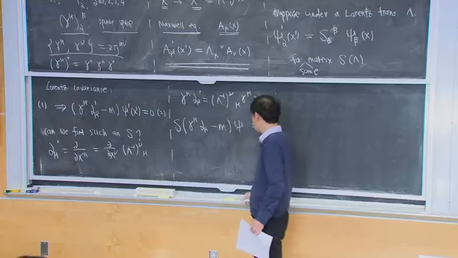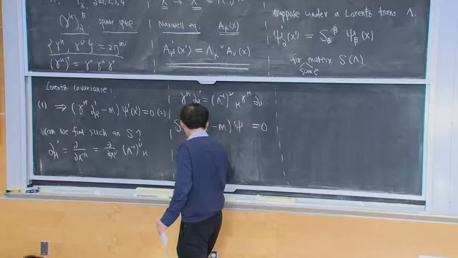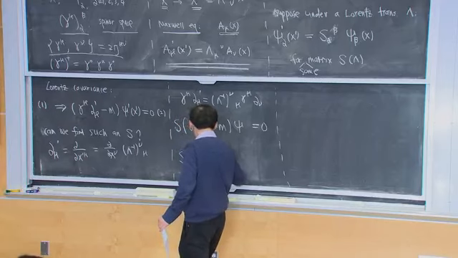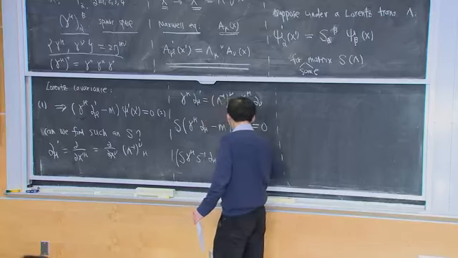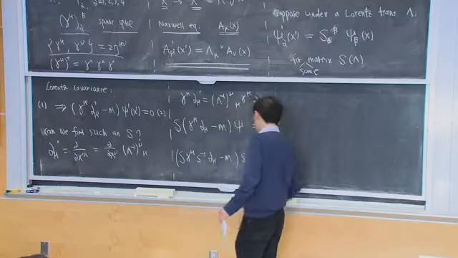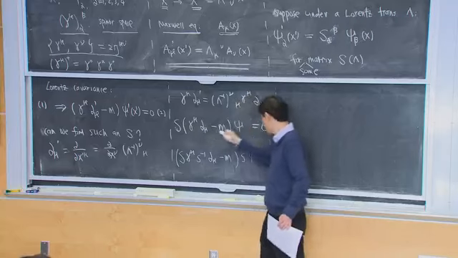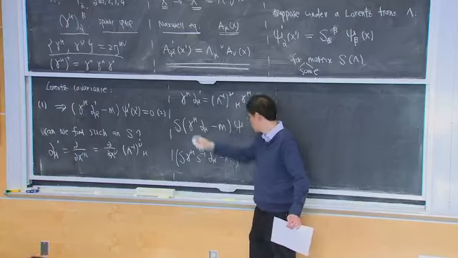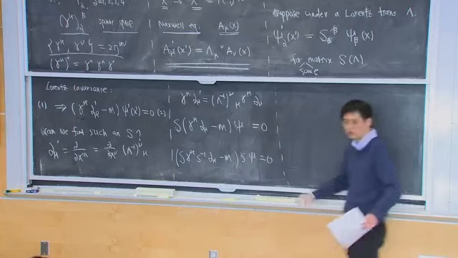So we can rewrite this equation as follows: S gamma mu S minus 1 partial mu minus M, times S psi, equals 0. For M, I just passed S through, but for this term, I inserted S minus 1 and S, so it's the same.